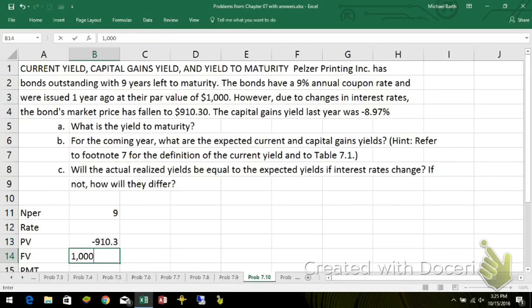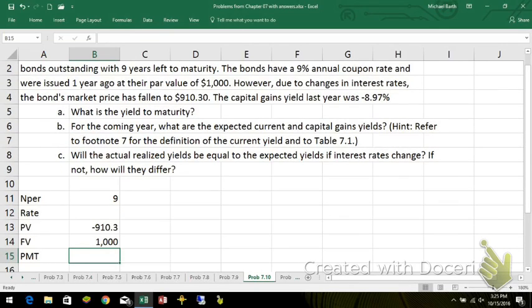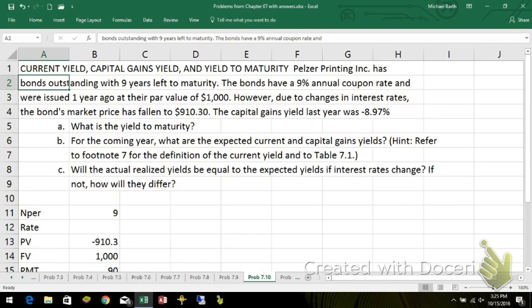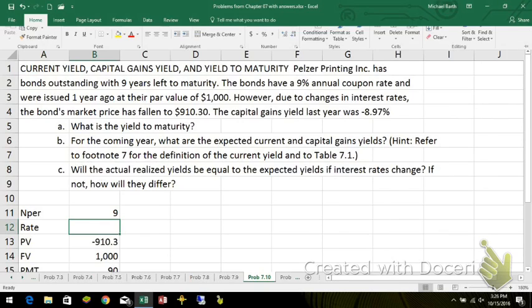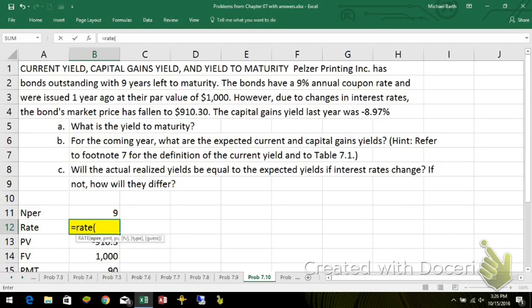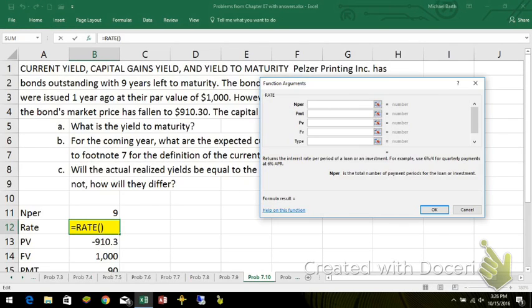They've got 9 years to go. They're going to pay $1,000 9 years from now, and each year they're going to pay $90 of interest. That's the 9% annual coupon rate times the par value. So for the yield to maturity on this bond as of today, looking forward, solve for the rate, for 9 remaining payments of $90, and then return of principal.